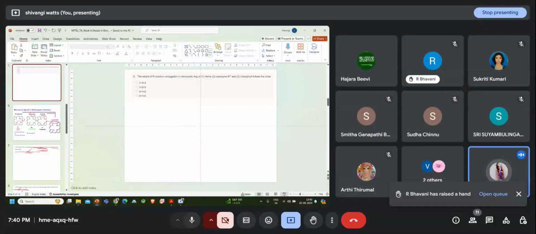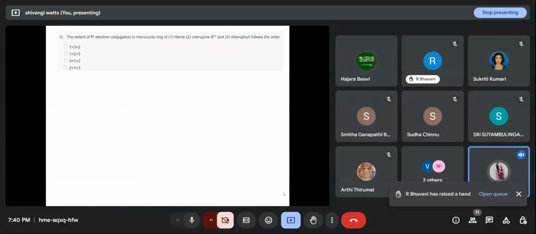So this was the question: the extent of pi electronic conjugation in the macrocyclic ring of heme, coenzyme B12 and chlorophyll. First of all, in order to tell the right order, we should know which macrocyclic ring is present in the heme, in coenzyme B12 and in the chlorophyll.